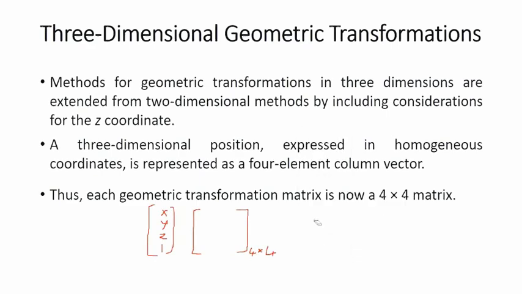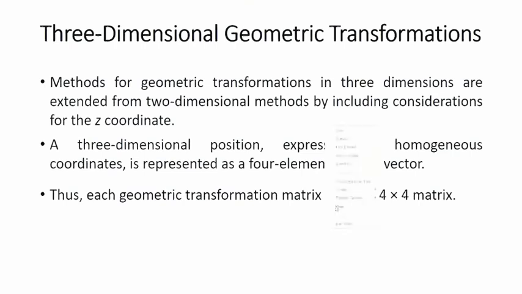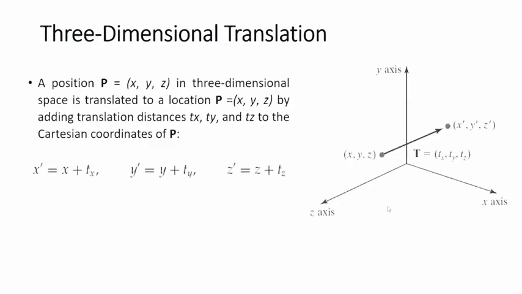Now, like 2-dimension, we can perform all 3 basic transformations even in 3-dimension, but there will be slight changes, especially in terms of rotation. Those changes we will be looking into now. So this is a 3-dimensional translation.